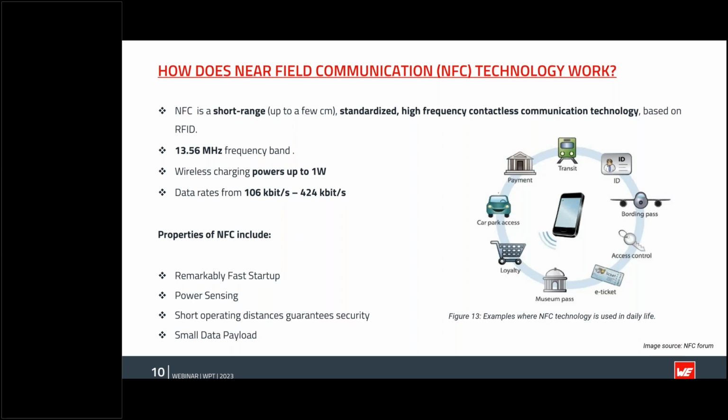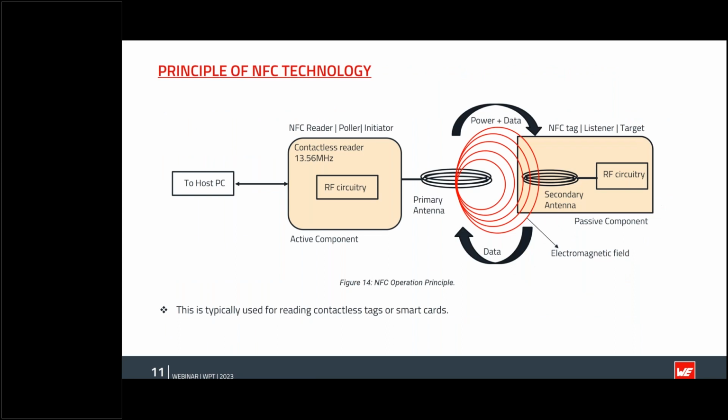So what exactly is the operation principle of NFC technology? In this block diagram, you can see that we have a contactless reader operating at 13.56 megahertz, and a secondary device or an NFC tag, which is the receiver side.